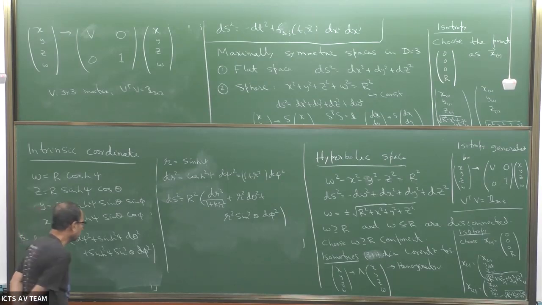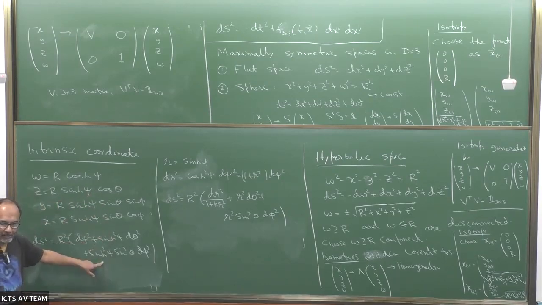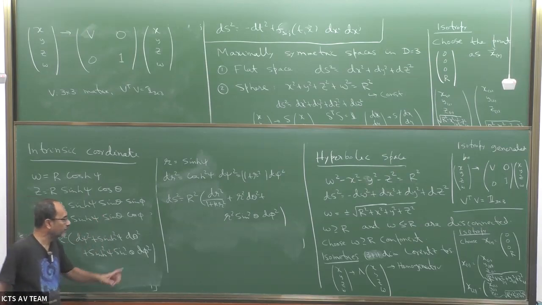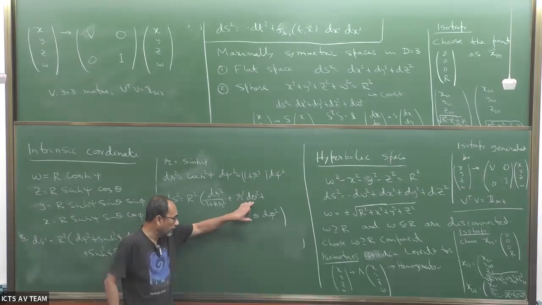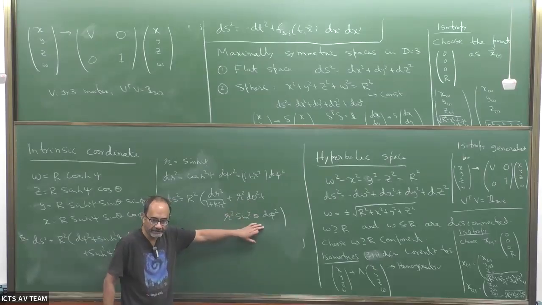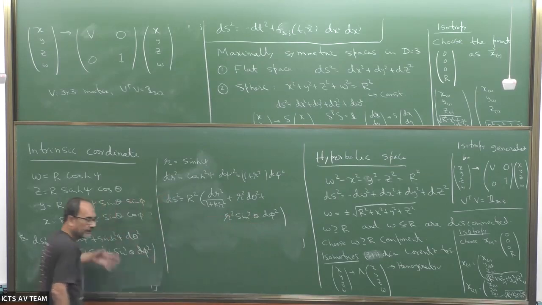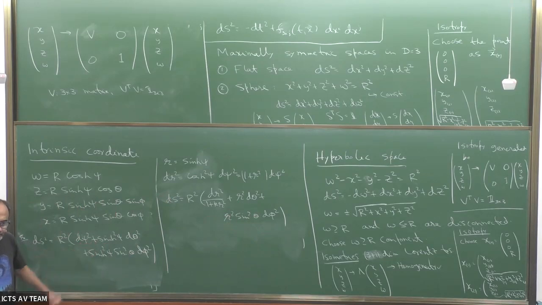Okay, yeah, so I agree. So you have to check what maps one to one. If you change the sign of psi and do some other operation on theta and phi, things may change. So if you say that here theta and phi run over the usual range, theta from 0 to pi, and phi from 0 to 2 pi, using that, you can check what range psi should run over.